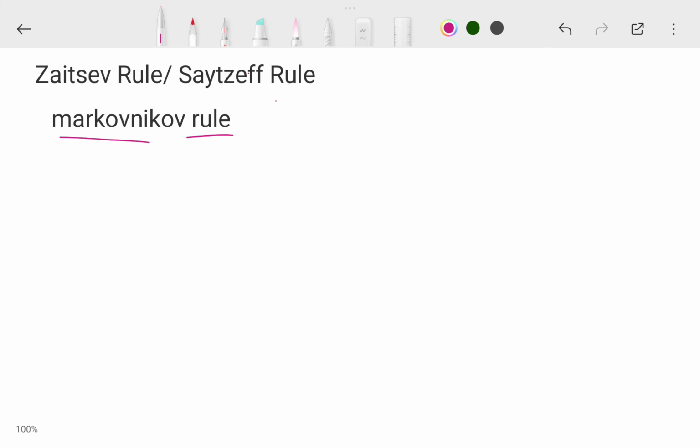What is Markovnikov rule? In addition reactions of unsymmetrical alkenes with a reagent, the negative part of the reagent is added to that carbon atom of the double bond which bears the least number of hydrogens.